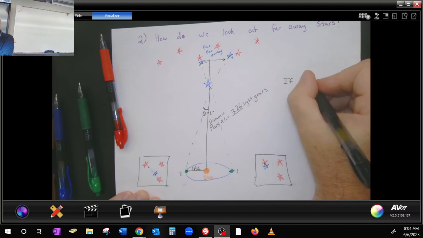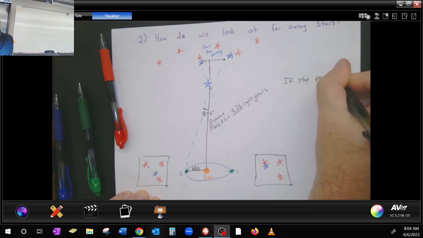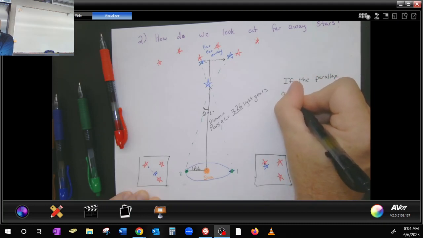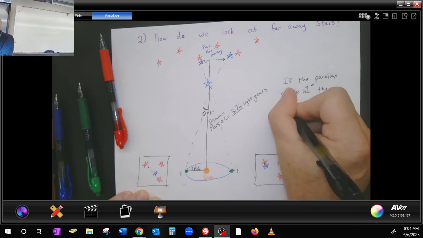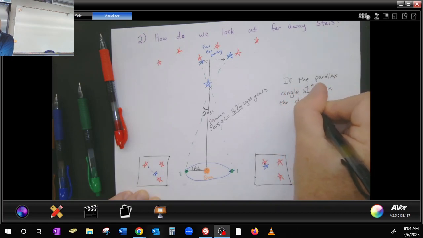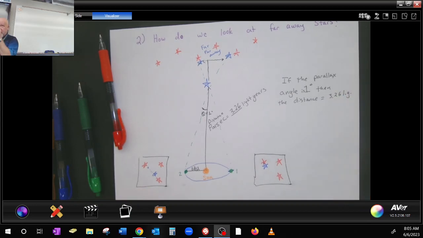If the stellar parallax angle is 1 degree, then the distance equals 3.26 light years. LY stands for light years. That actually makes life a little easier on us.